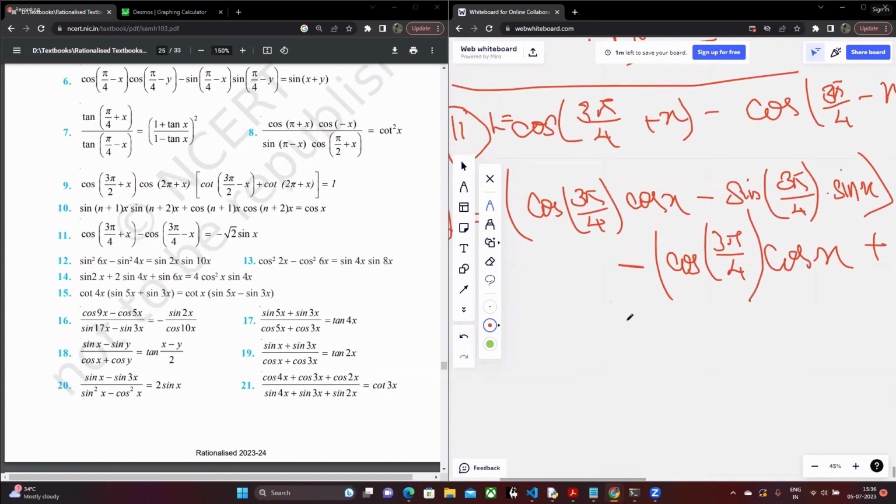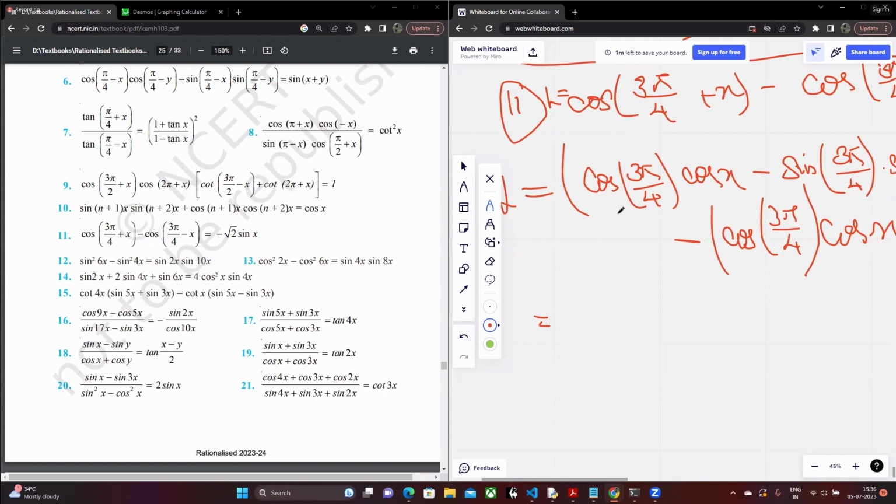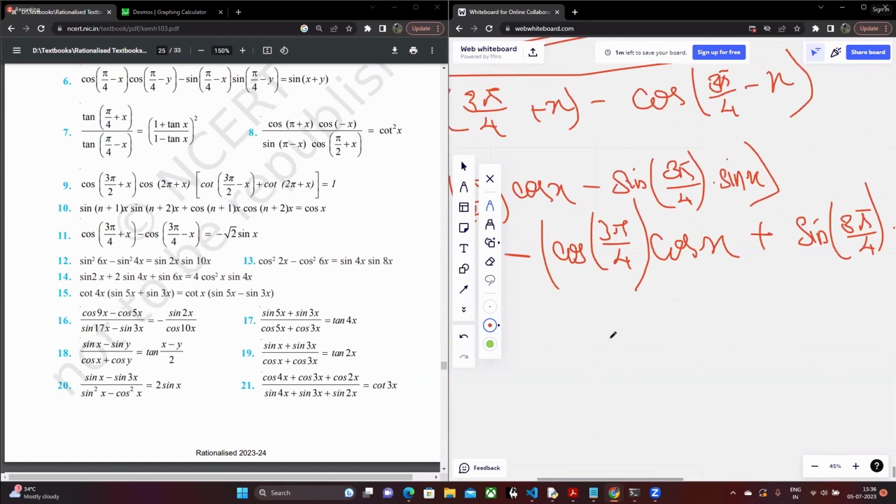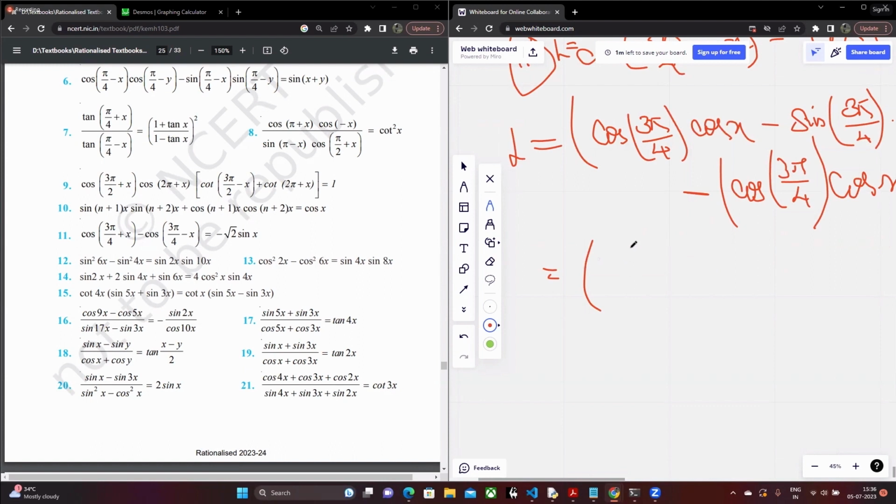Cool. So this is going to be equal to, all right, wait. Cos of 3 pi by 4 is basically cos of 135 degrees. That is minus sin 45. That is minus 1 by root 2. Sin 3 pi by 4 is 1 by root 2 because sin is positive in both quadrants, in the first and the second quadrant. Just remember that. I'll make the numerical substitutions.